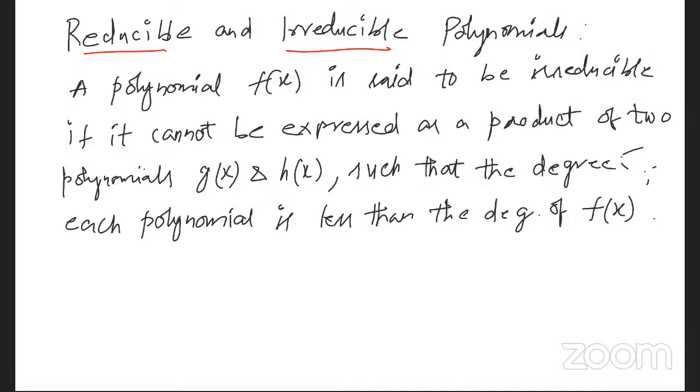Try to understand this one. A polynomial f of x is said to be irreducible if it cannot be expressed as a product of two polynomials.